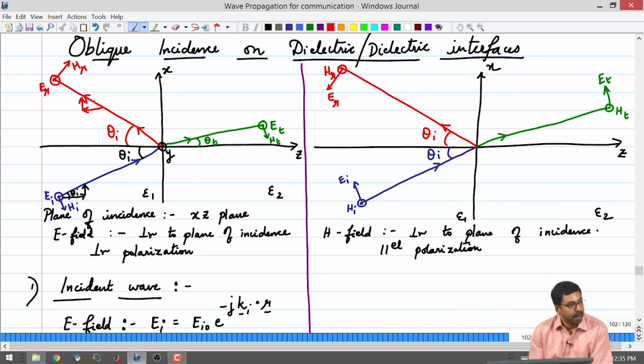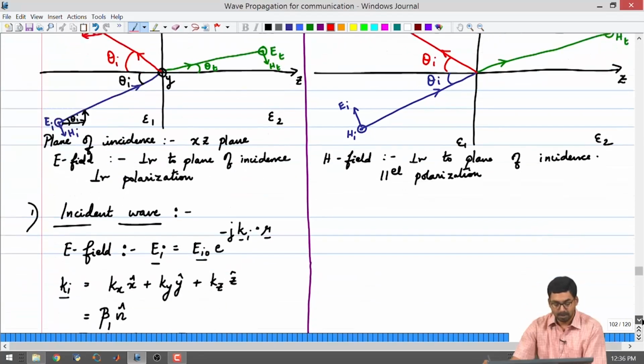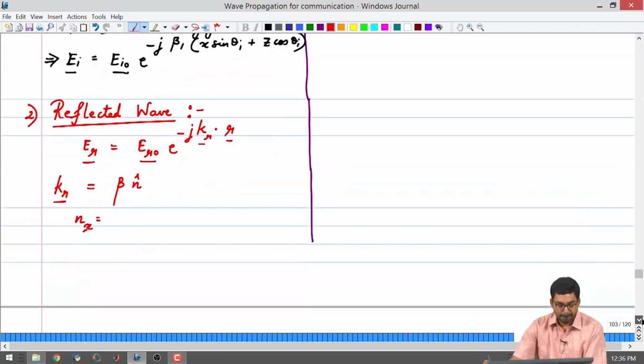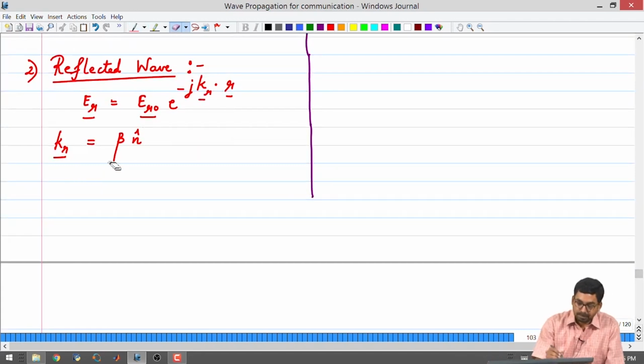Once again, I can use trigonometry. I can mark the angle to be equal to theta I here. This is theta I, same configuration here, so that is also theta I. I can write down the value of sine and cosine of theta I, and I can write down what n x and n z are. In this case, n x will look like sine theta I, y component is 0.